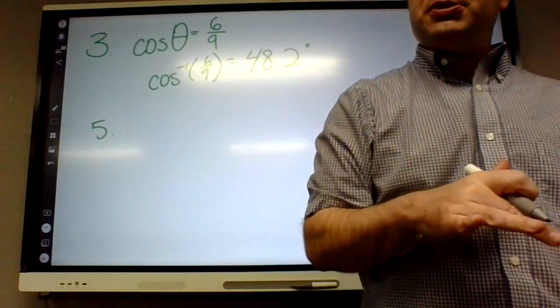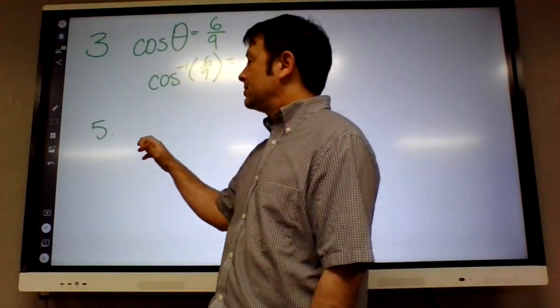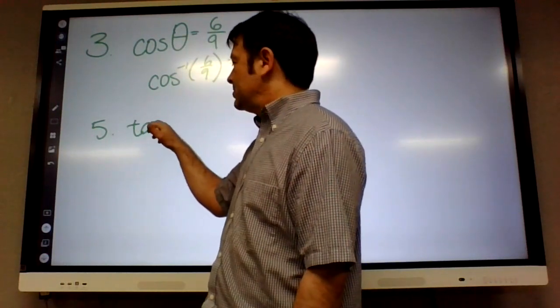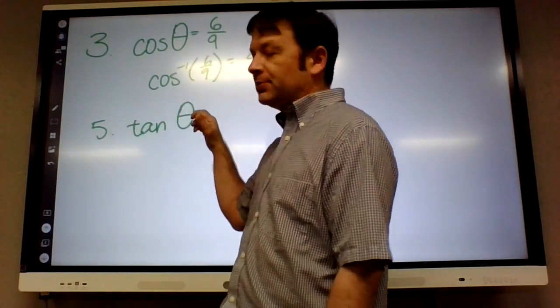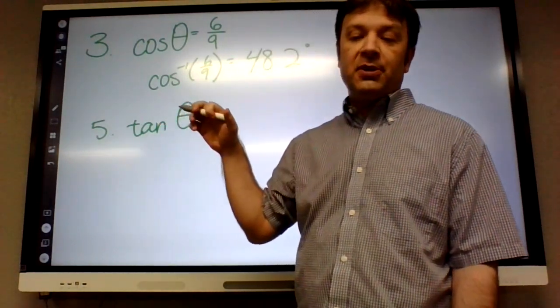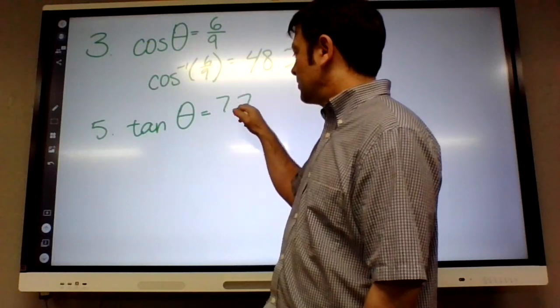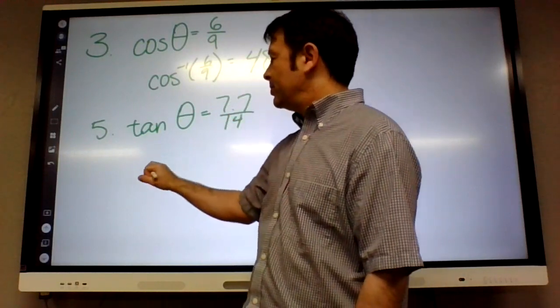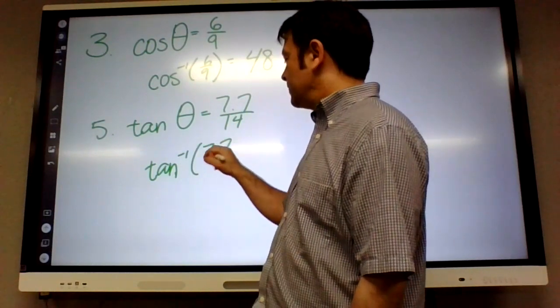So we're using opposite and adjacent. Which trig function uses opposite and adjacent? Tan. So it's tangent of theta, the angle, equals what over what? 7.7 over 14. So to find the angle, we're going to do tangent inverse of that.